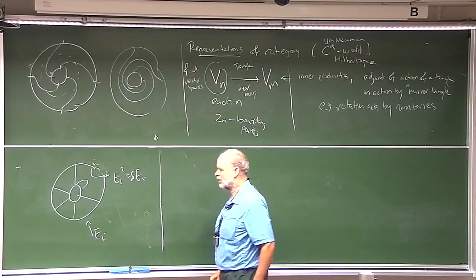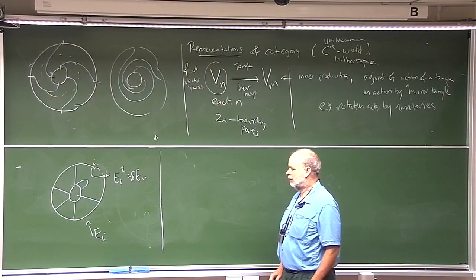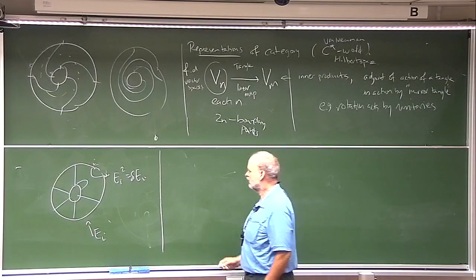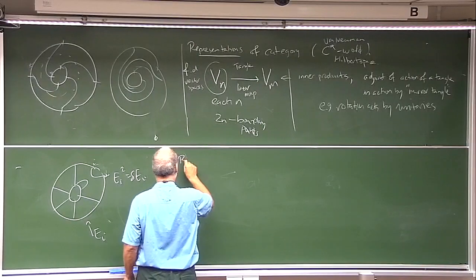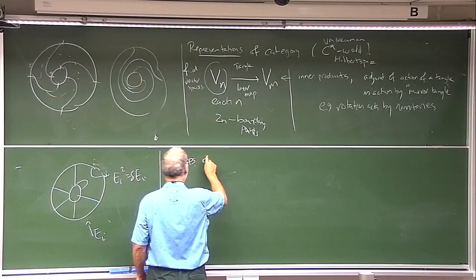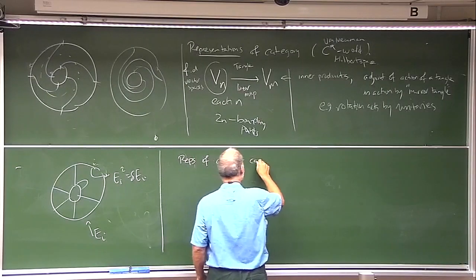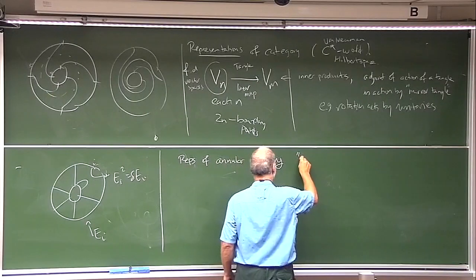Right, so what I want to say about these annular tangles and the representations of this annular category is that it's a semi-simple structure. Representations of the annular category, and I'll say they're unitary representations.